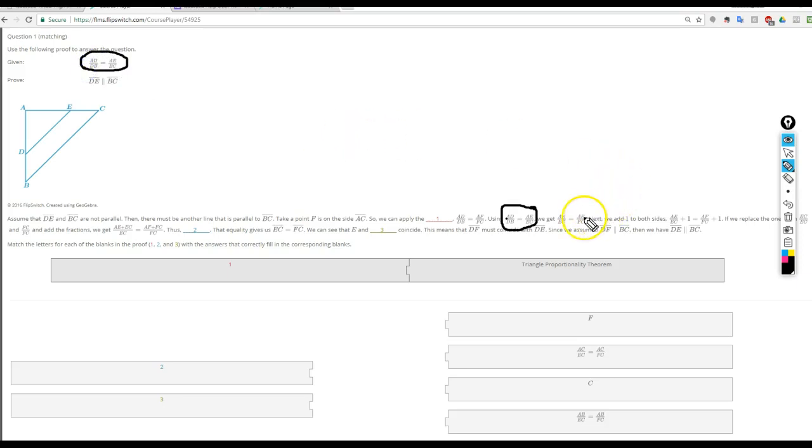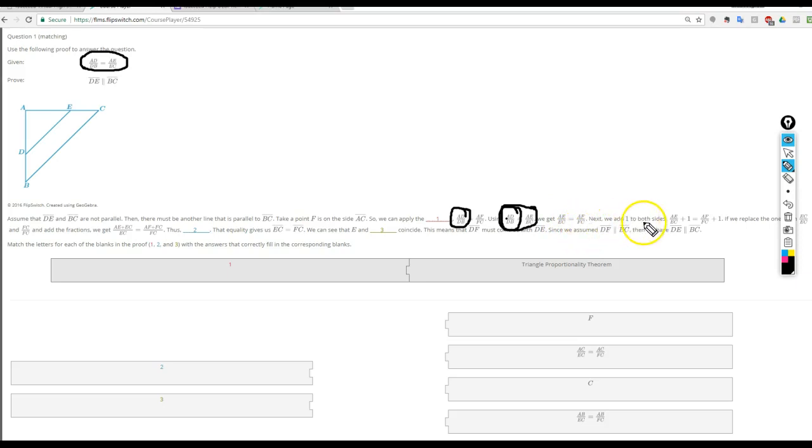And then AE divided by EC equaling AF divided by FC is coming from the transitive property because they have AD divided by DB right here, and it's also right here. So here's our linking man, that middle man. So then we have AE divided by EC. We skipped our middle man. It's going to equal AF divided by FC. So that's how they came up with this ratio equality.